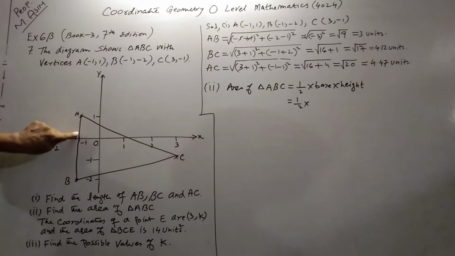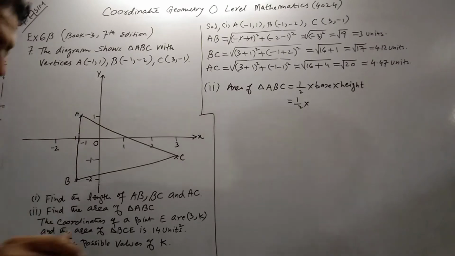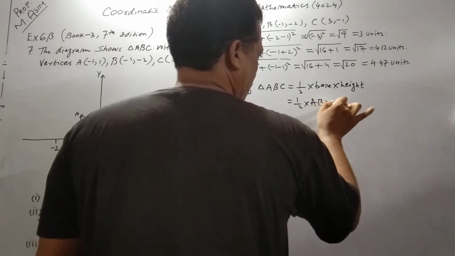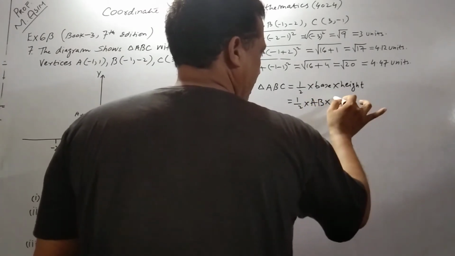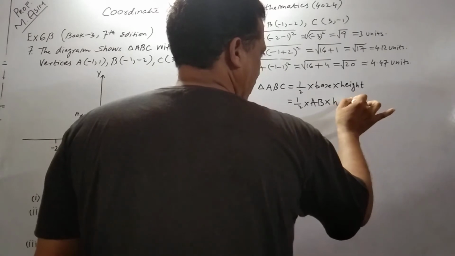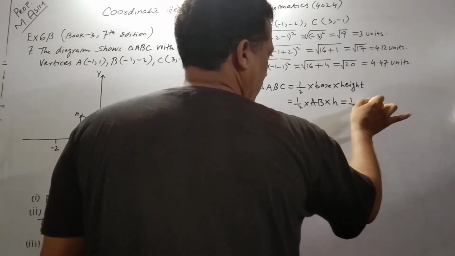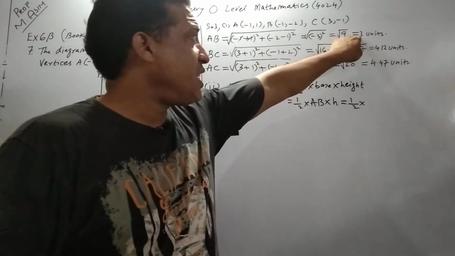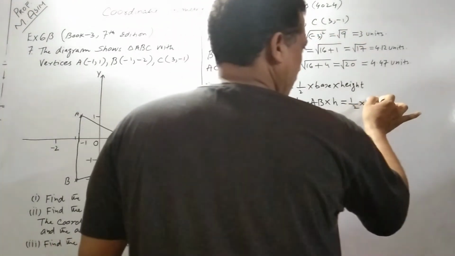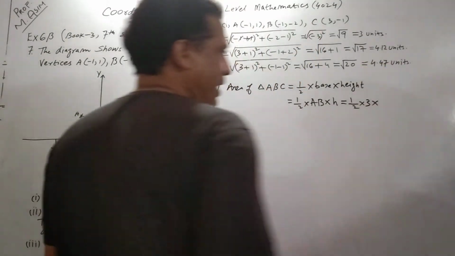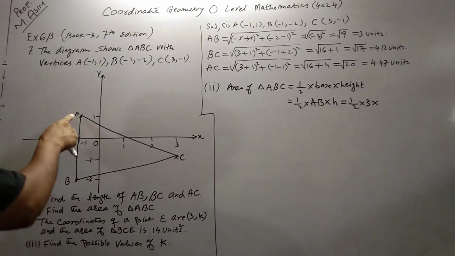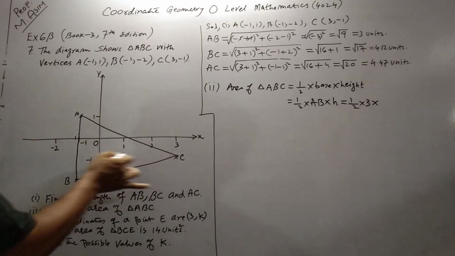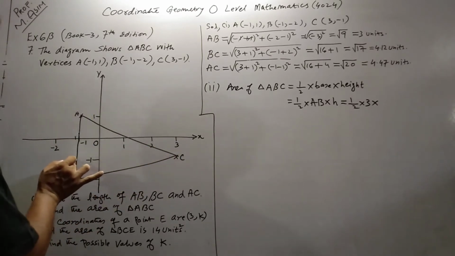So I am taking this line AB as the base of the triangle, and height h. 1 upon 2 AB, we have already found AB in the previous part, which is 3. And what is the height? You know, if this is your base, then this must be your height.